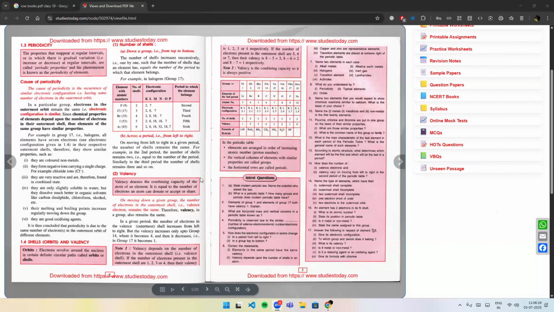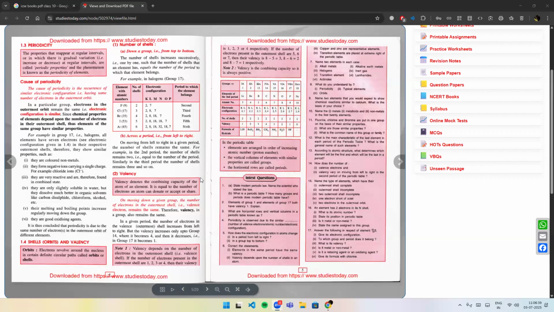Across a period, that is, from left to right, the number of shells remains the same. For example, in the second period, the number of shells remains 2, that is, equal to the number of the period. Similarly, in the third period, the number of shells remains 3 and so on.